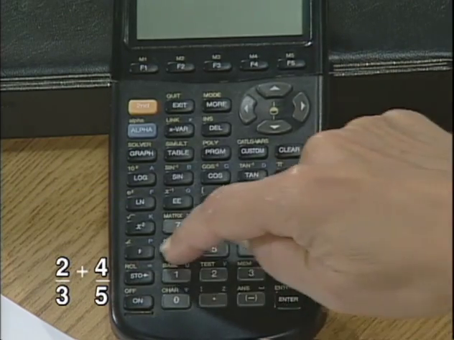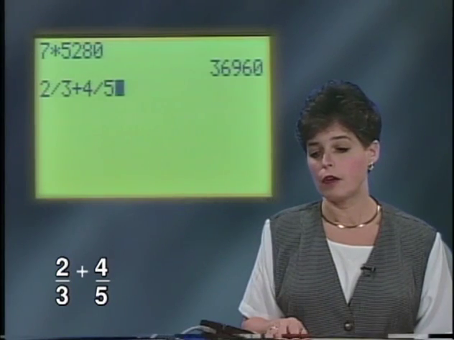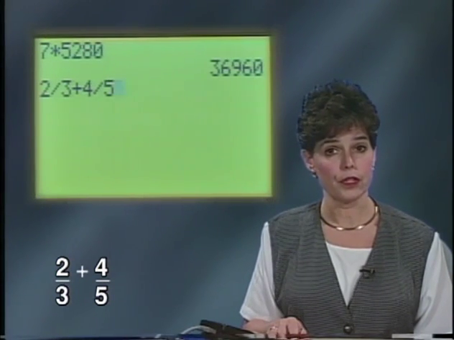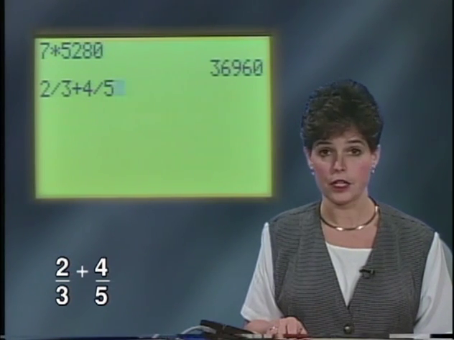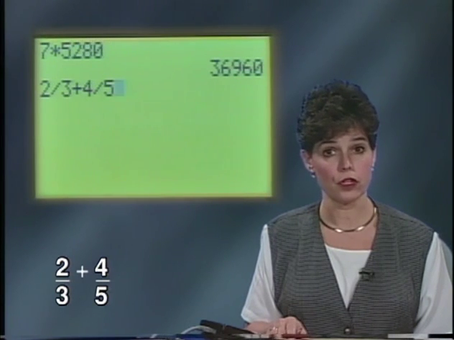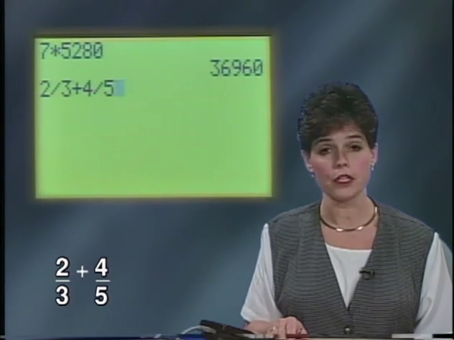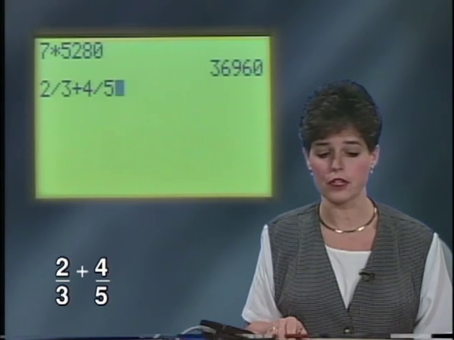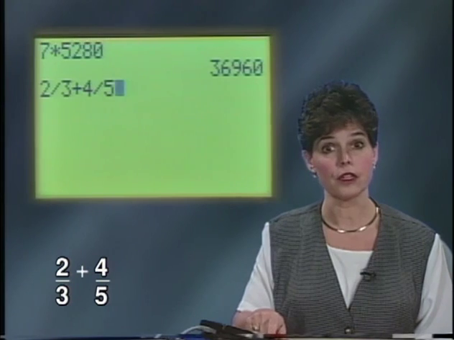Then I will add 4 divided by 5. You'll notice that I didn't put parentheses around the 2/3 or around the 4/5, and it's not necessary due to the order of operations. Remember that the division will always happen before the addition. So I have on my screen 2/3 plus 4/5. At this time, I'm going to press enter to get the answer.